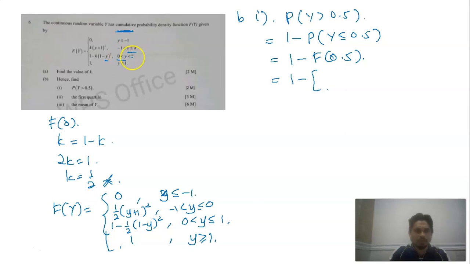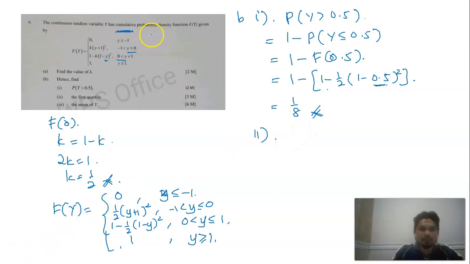Oh no, 0 and 1. 0.5 lies between 0 and 1 here, which is 1 minus k, 1 minus y squared. So it is now 1 minus 1 over 2, and then 1 minus 0.5, the value of y here, squared. So then it is now 1 over 8. Simplify this until you get 1 over 8.